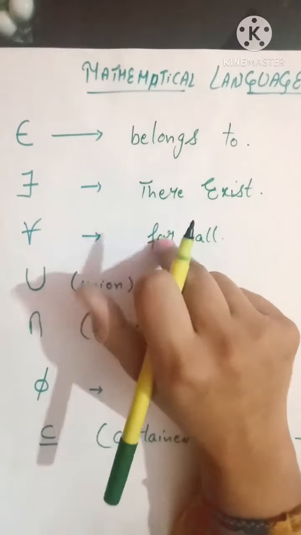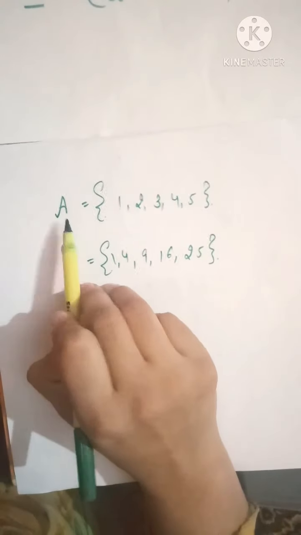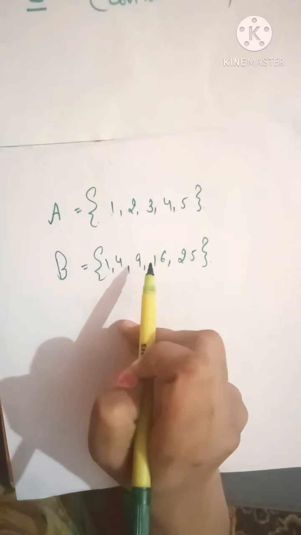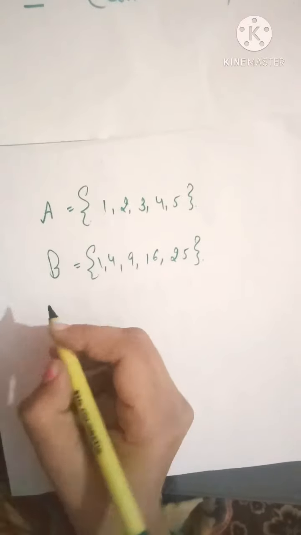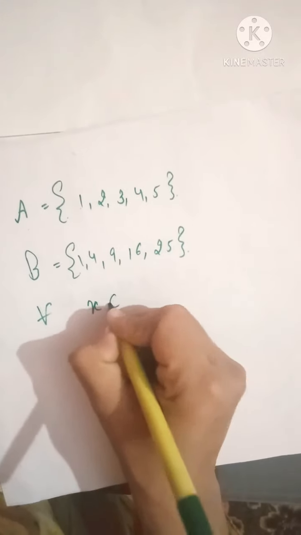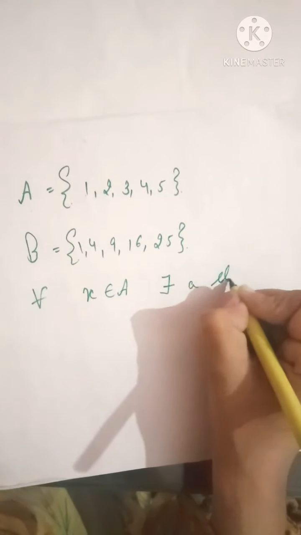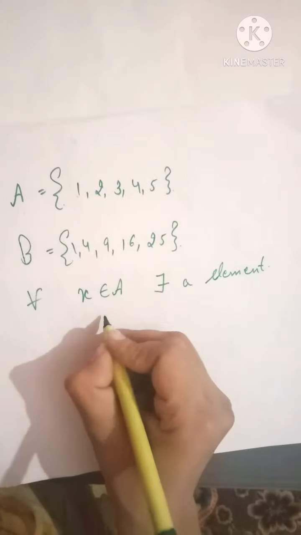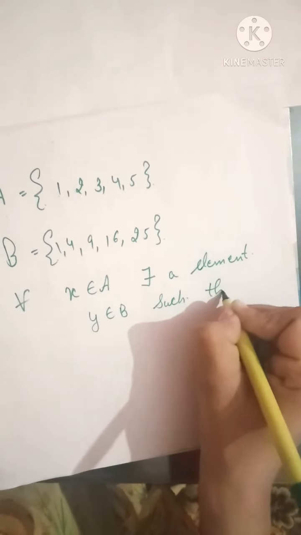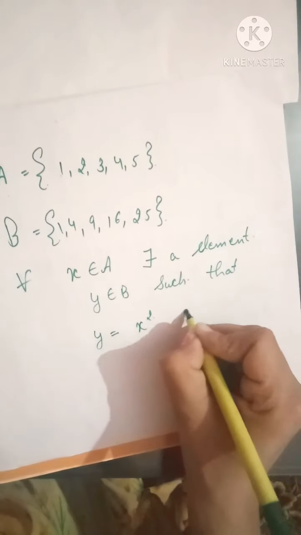Firstly, let's clear these three symbols with an example. I have taken a set A equal to 1, 2, 3, 4, 5 and set B equal to 1, 4, 9, 16, 25, and we can write: for all x belongs to A, there exists an element y belongs to B such that the relation y is equal to x square exists.